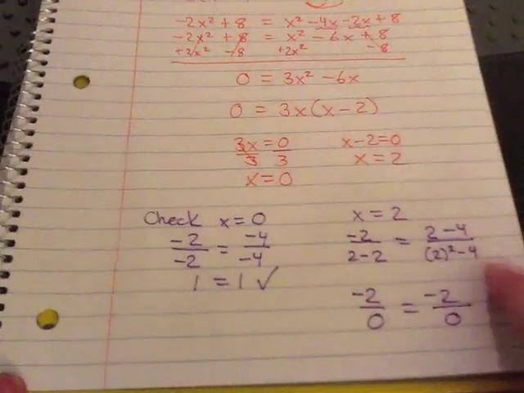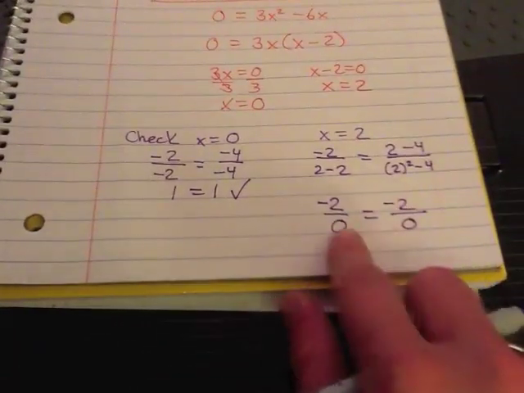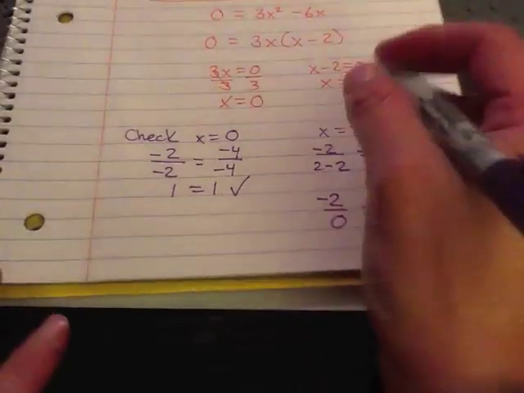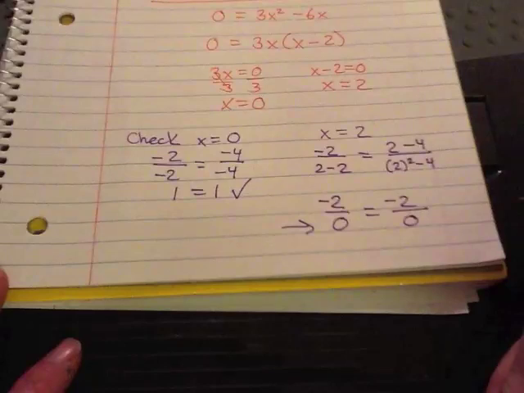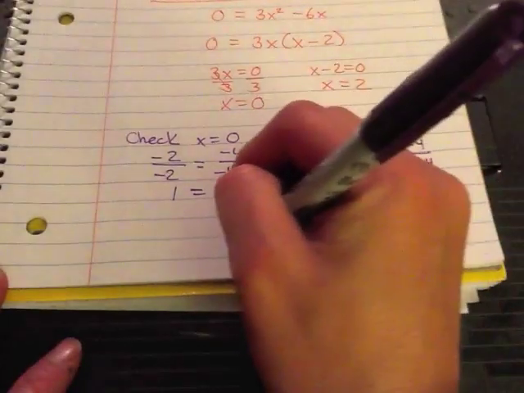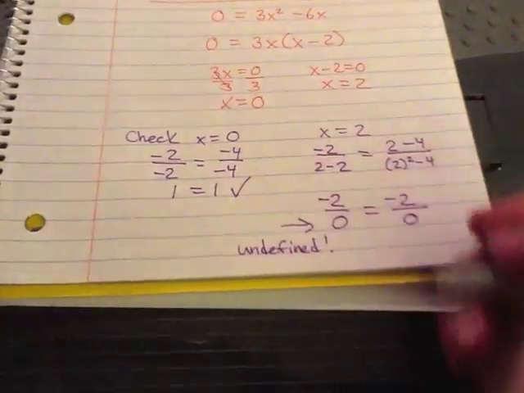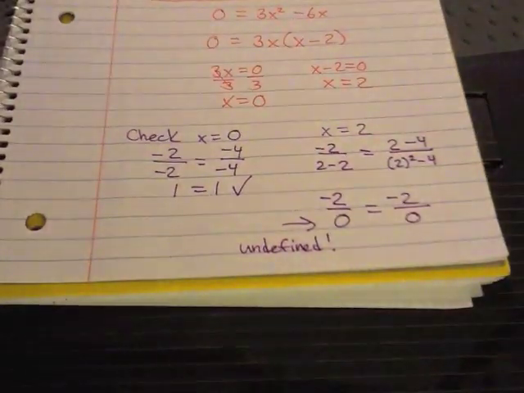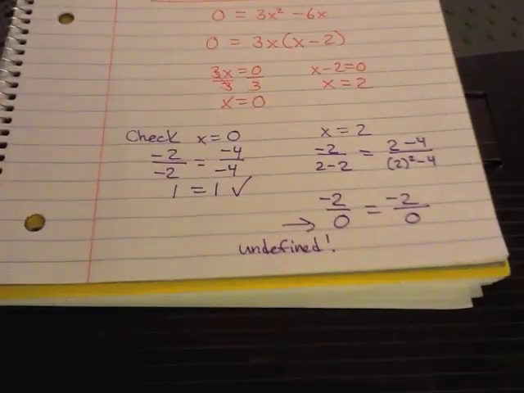Okay, this matches, but if you notice, when it matches up, you have zeros in your denominator. So what would that be called? You should see that and think undefined. So this solution actually does not work because when you plug it back in, you get a 0 in your denominator, and you cannot have a 0 in the denominator.